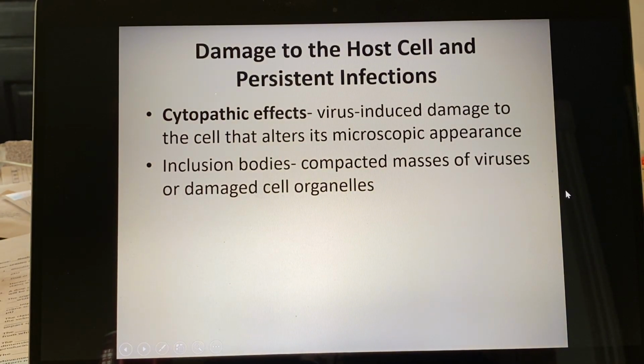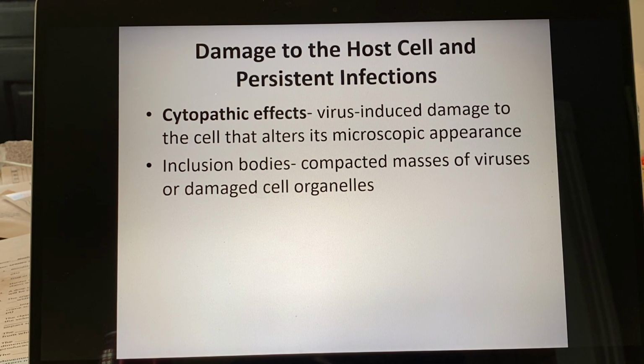Okay, so how do we tell in the lab that someone has had a viral infection versus a bacterial infection? One of the things that can be done in the pathology lab or histology, where you're actually looking at sections of tissue, is looking for something called cytopathic effects, or CPE.